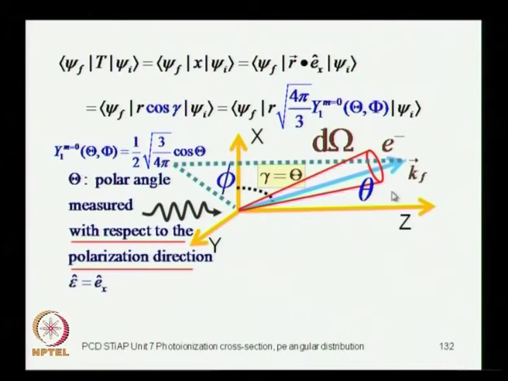This theta angle is the polar angle with respect to the z axis, as we typically use in the spherical polar coordinate system. This is a different theta, like the uppercase theta, and this is the polar angle measured with respect to the polarization direction, which is epsilon, which is along the x axis, which is along the Ex unit vector.